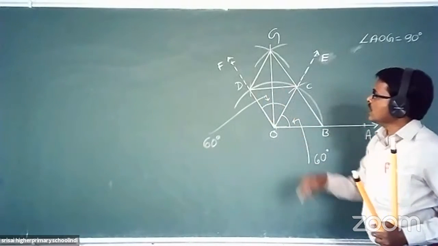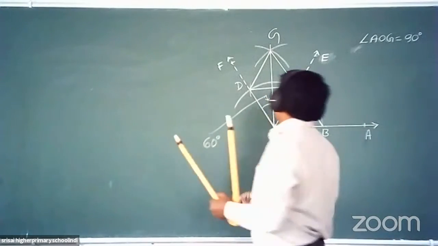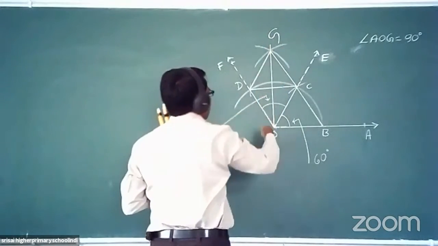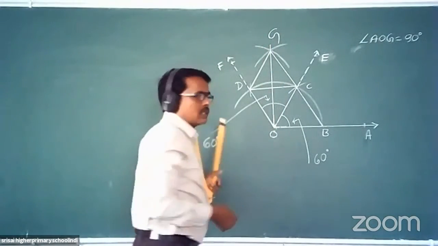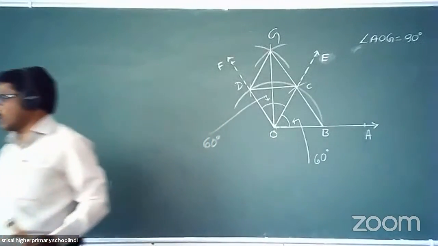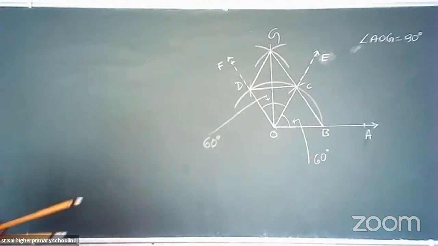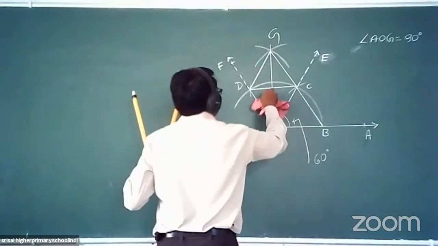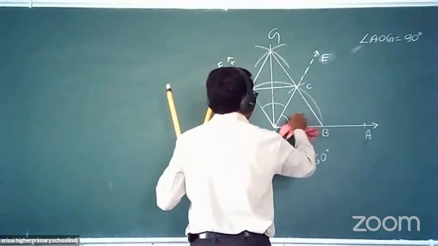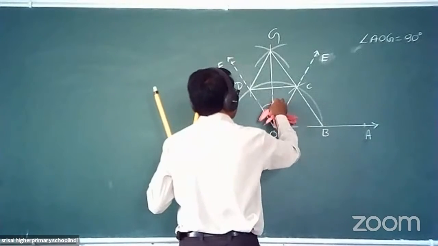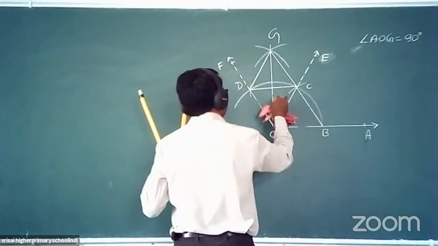How to get half of 60? We have bisected the angle. OG is the angle bisector. Is OG an angle bisector or not? We should theoretically prove it. How to prove that? This I will erase in the conclusion altogether. So now you have come to know this is 60 and this is 60. Both are 60, 60. Correct?